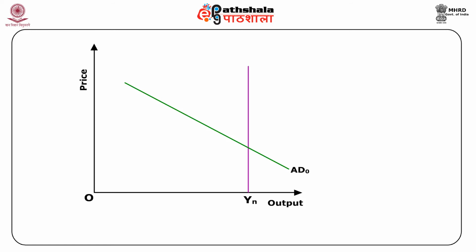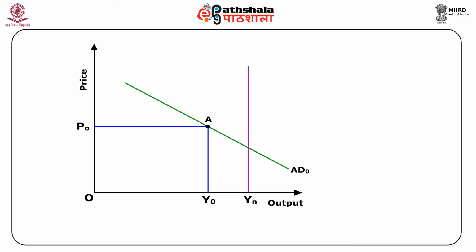Suppose the equilibrium price output combination in the short run is represented by P0, Y0. There is no reason Y0 should be equal to Yn. Indeed, Y0 may be greater than or less than Yn.